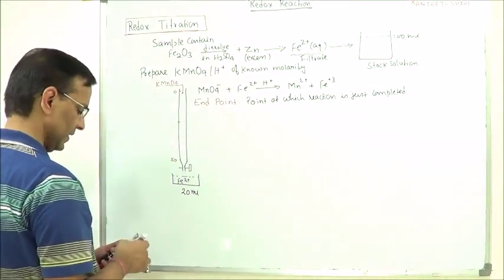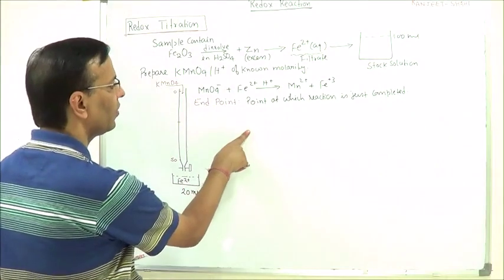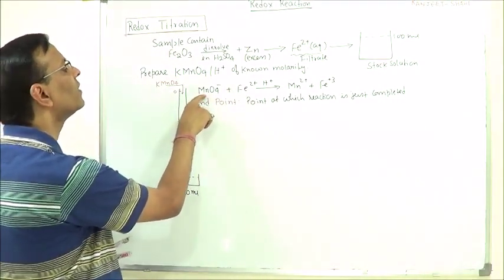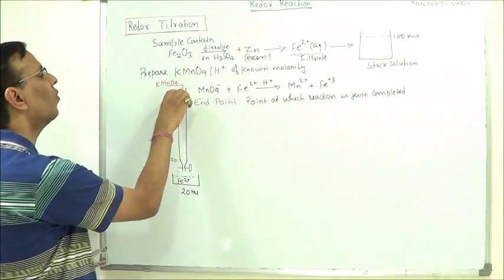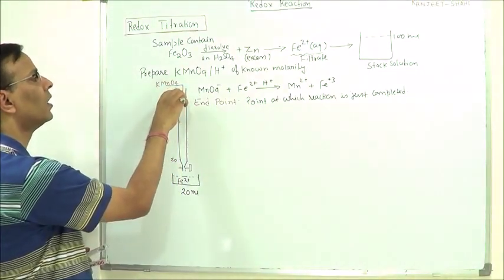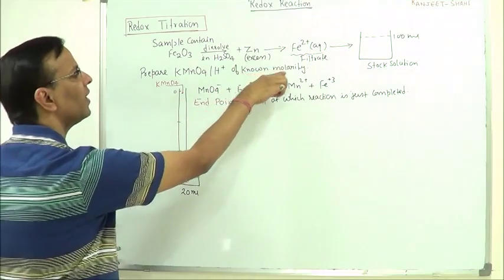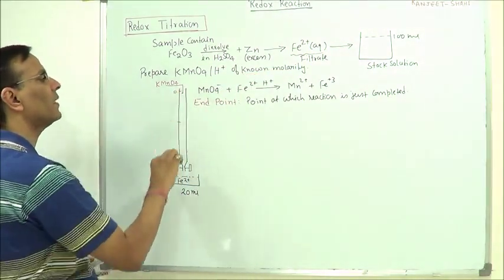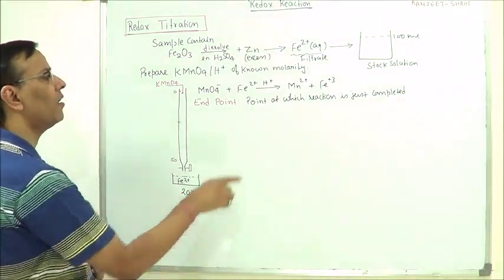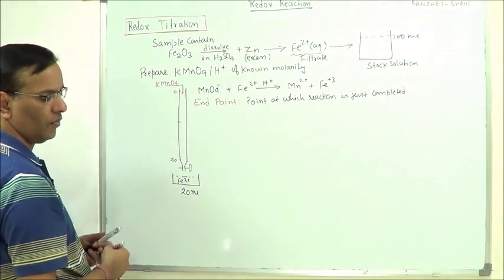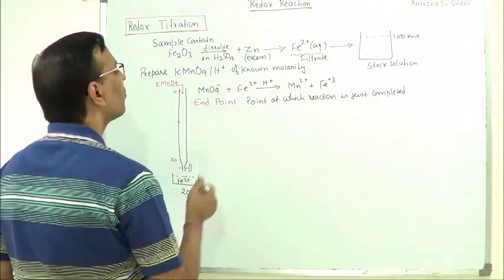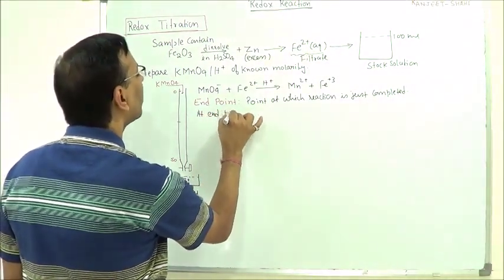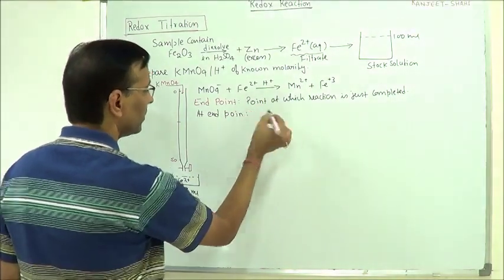what we apply is that at the end point, the total gram equivalent of permanganate, which will be determined from volume consumed and molarity, the gram equivalent of potassium permanganate used up is equal to the gram equivalent of ferrous ion. So at the end point, what will happen?